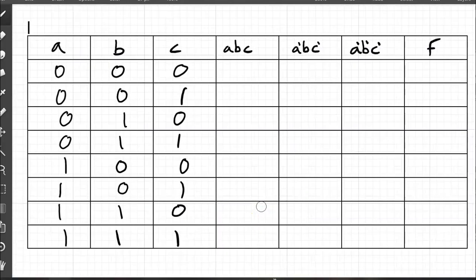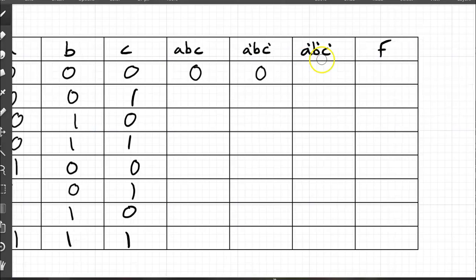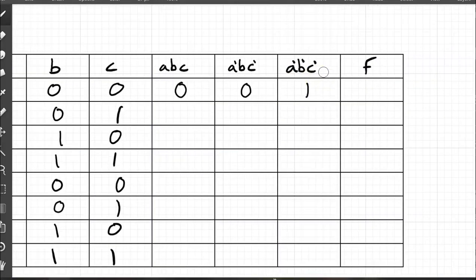Okay, and then when they're all being ANDed together, it's going to be equal to 0. This is going to output 0. However, when they're all prime, you'll have 1. So this is where you're going to be able to visualize when your Boolean algebra is equal to 1.